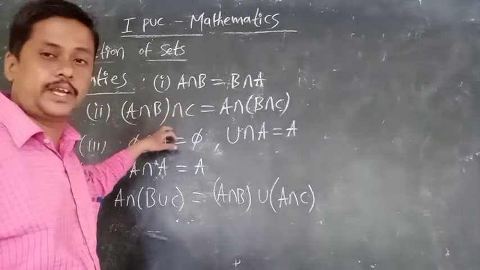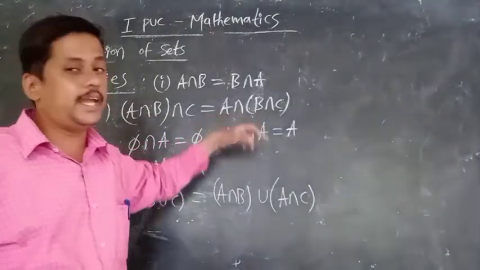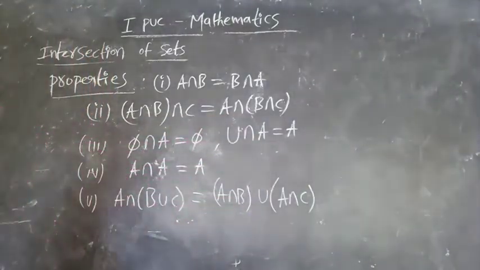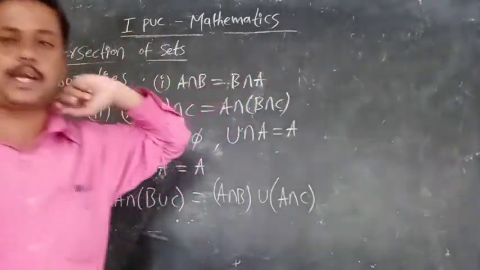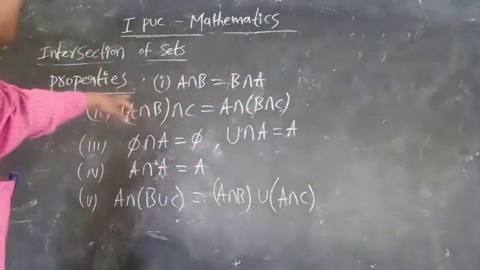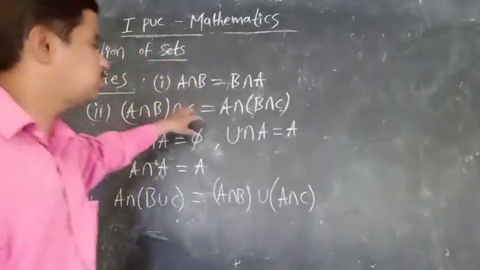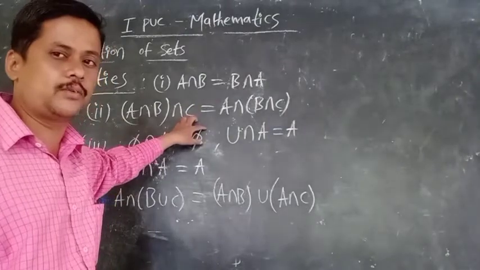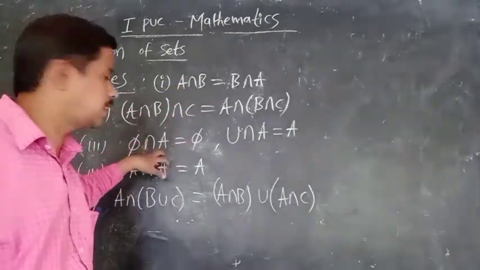This is associative: A intersection (B intersection C) is equal to (A intersection B) intersection C. So this is the associative property or associative law. This is the commutative law and this is the associative law.